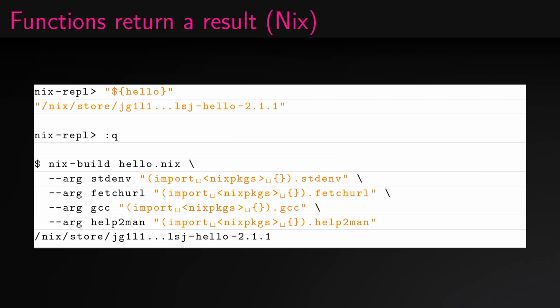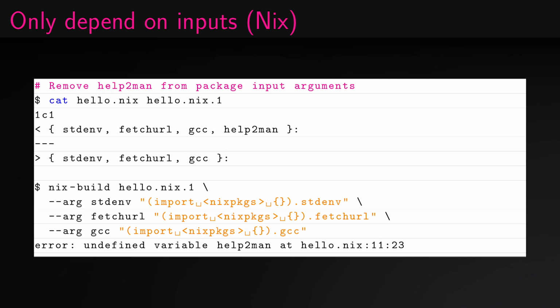We can also see that if we build from the command line on the second half of this code slide, we actually get the same Nix path. We're using the exact same inputs, and we get the exact same path. So when we build expressions and lambdas or functions, or package definitions, we have to only depend on the inputs that we're given, that we explicitly set.